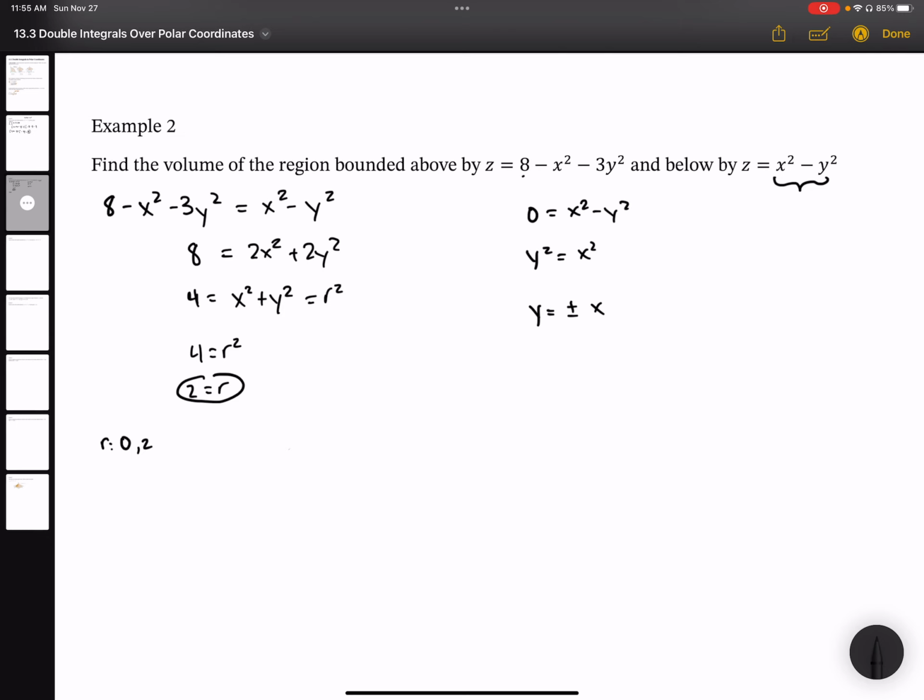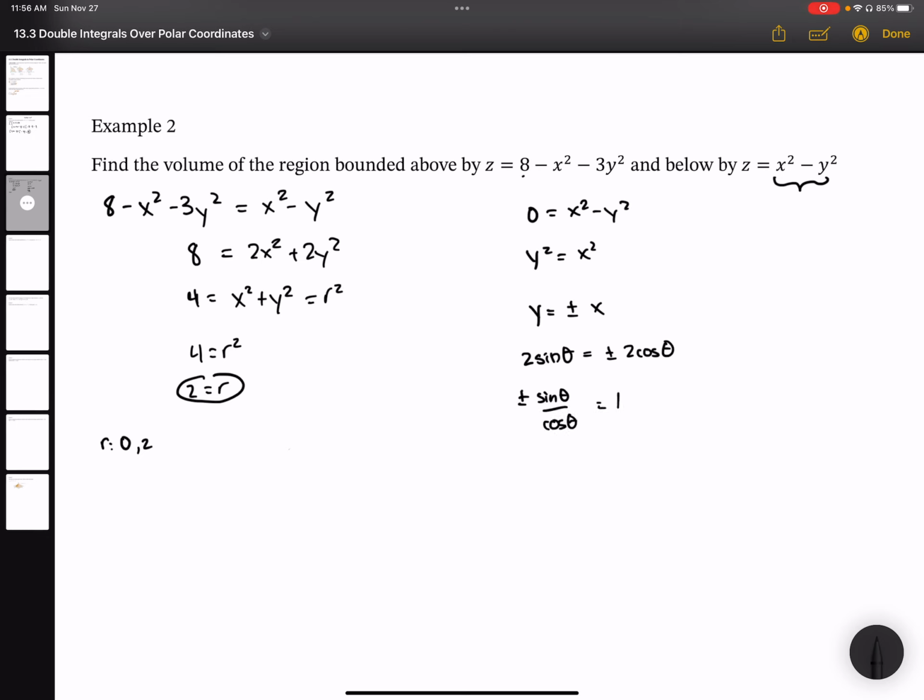Remember that y is r sine theta. In this case, r is 2. So we have 2 sine theta equals plus and minus 2 cosine theta. We can divide both sides by 2 cosine theta. So plus and minus sine theta over cosine theta is equal to 1.